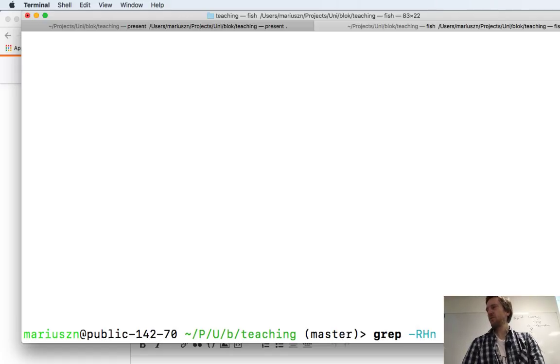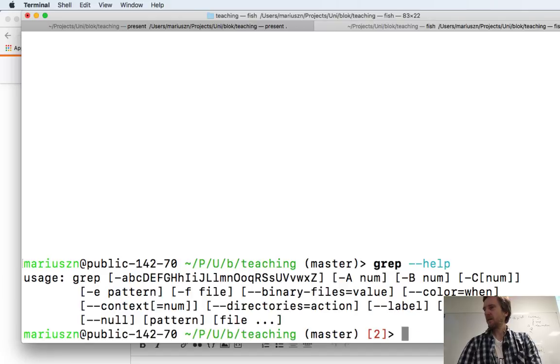Grep from the root. Right, so let's see. How do I do that? I have to say -e and the regular expression pattern, and then I specify which files I want to search.